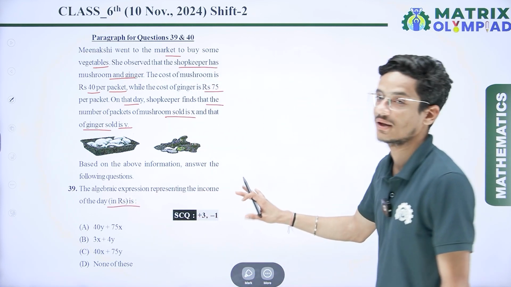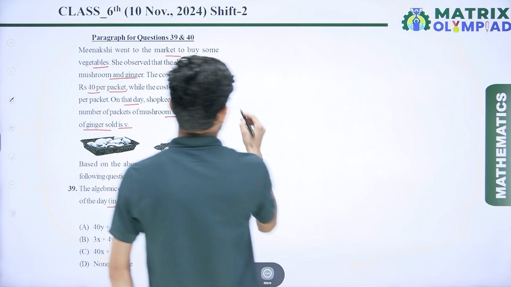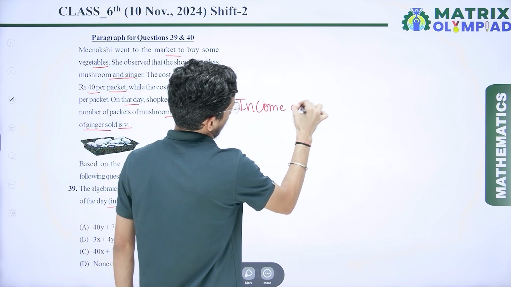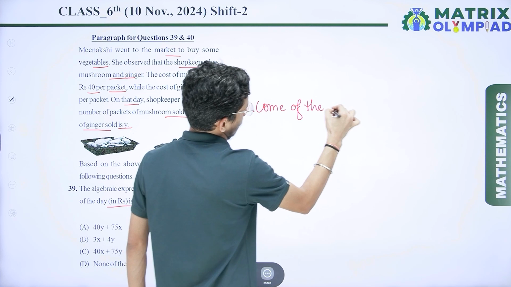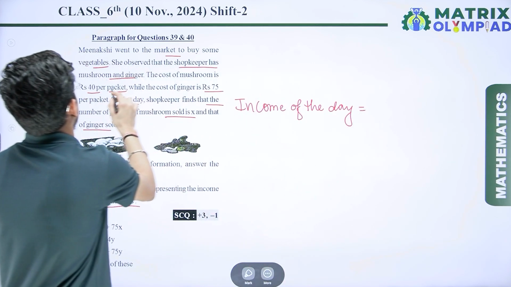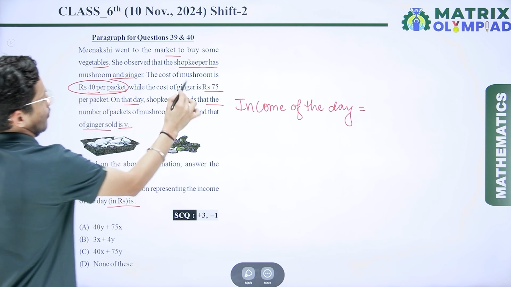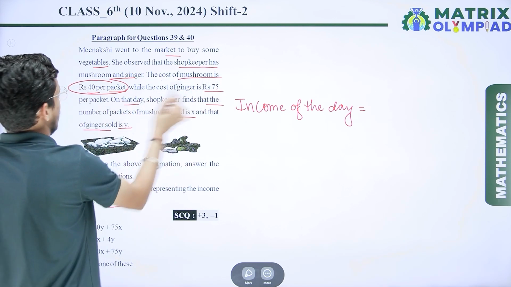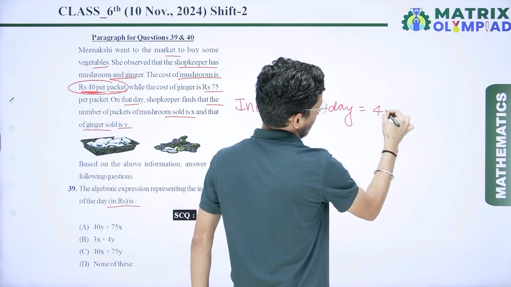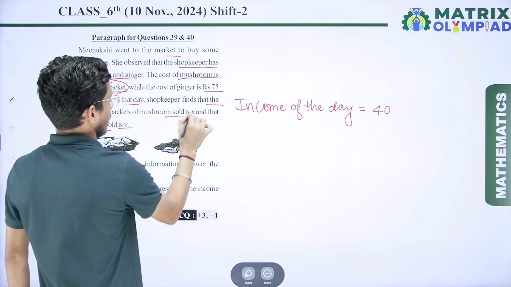So here we have to find the income of the day. So I can write here income of the day. The cost of mushroom is rupees 40 per packet, and he sold X packets.